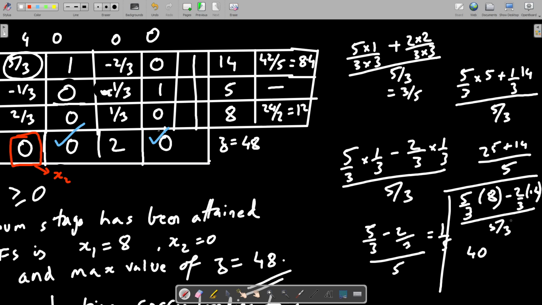So this will become 40 minus 28 upon 3 upon 5 by 3. 40 minus 28 is 12 by 3, that will leave you with 4, no? 4, and take this, that's 4 by 5. 3 will cancel. No, 12 by 5, no? Yeah, 12 by 5, I cancelled one extra 3. So 40 minus 28 gives you 12, 3 and 3 I cancelled, so it is only 12 by 5.